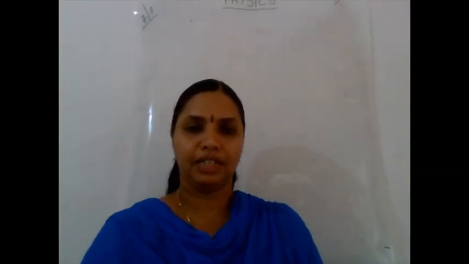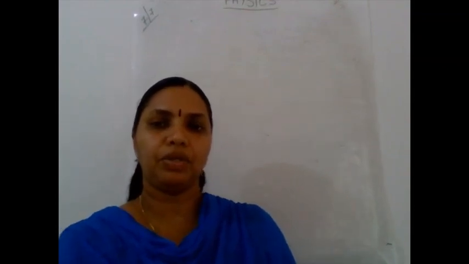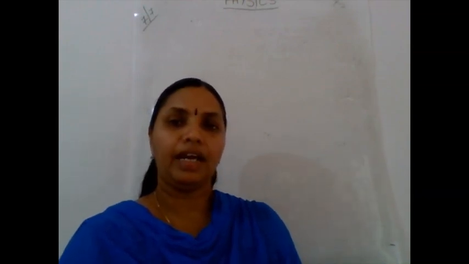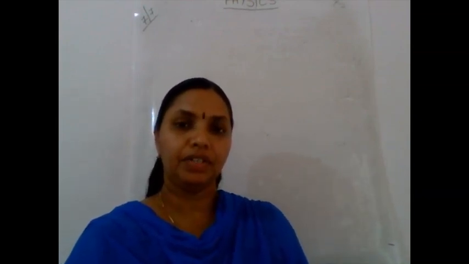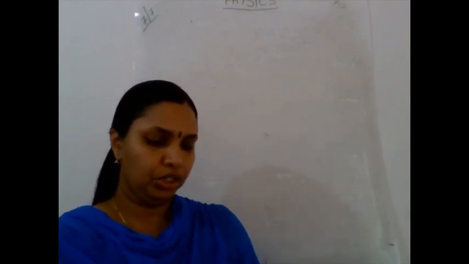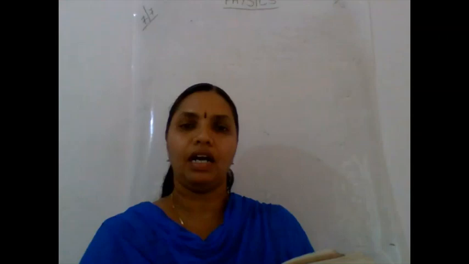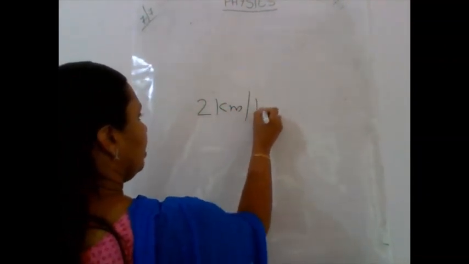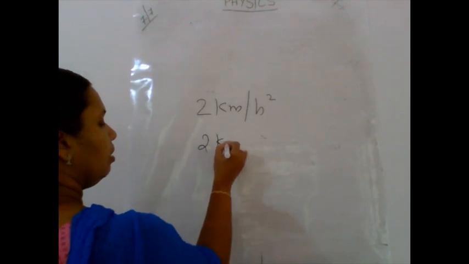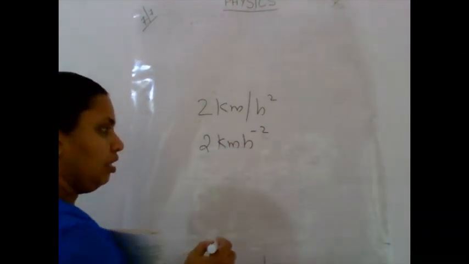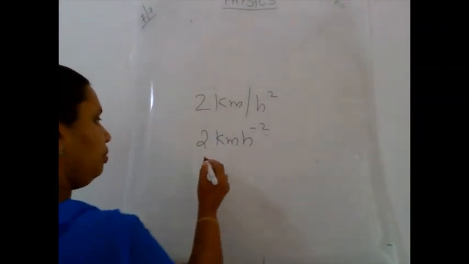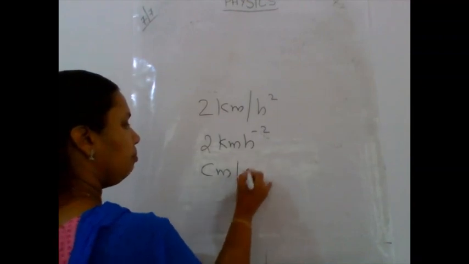As an example from that exercise, we can discuss one problem. So you write down the question. Convert an acceleration of 2 kilometer per hour square into centimeter per second square.